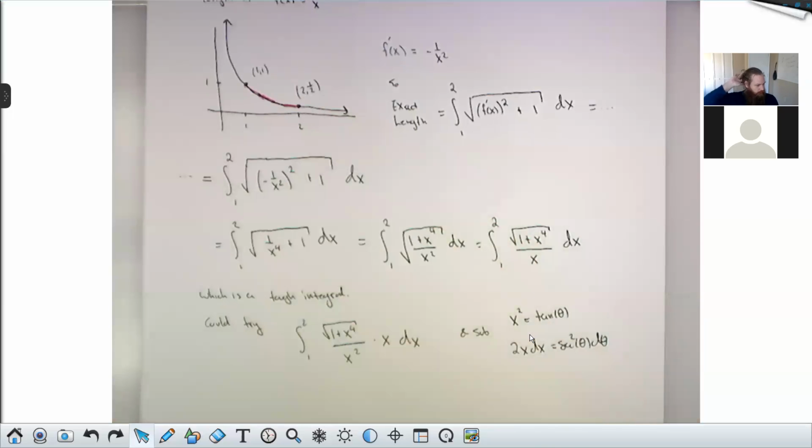But there's all sorts of challenges here. The bounds, for one. Multiplying by x over x gives me the x dx I would need to make the differential work. And this x squared could be a tan theta.